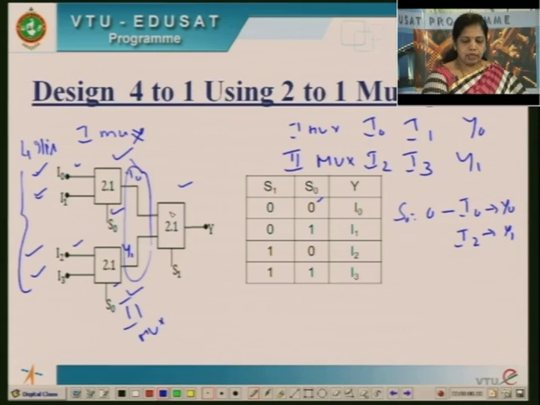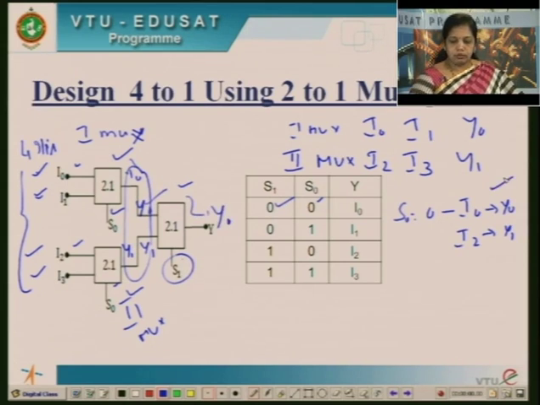Now once again I am going to select out of these 2 outputs a single output by once again taking care of S1. So in this case my S1 is 0. When S1 is 0, then y0 is selected at the output side. So S0, S1, 0, 0, y0 is selected.